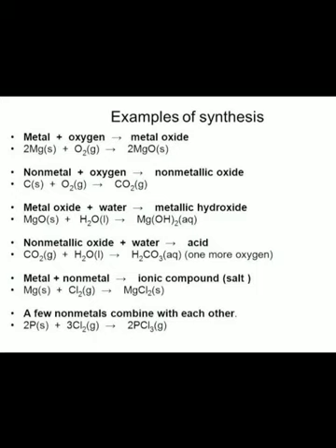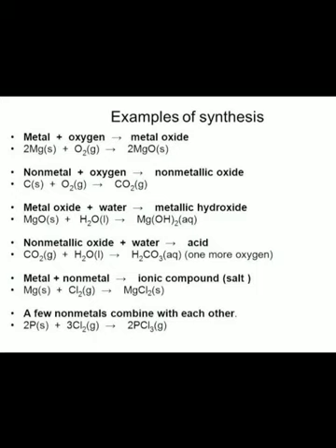The example is magnesium reacting with chlorine to produce magnesium chloride, and phosphorus reacting with chlorine to produce phosphorus trichloride.